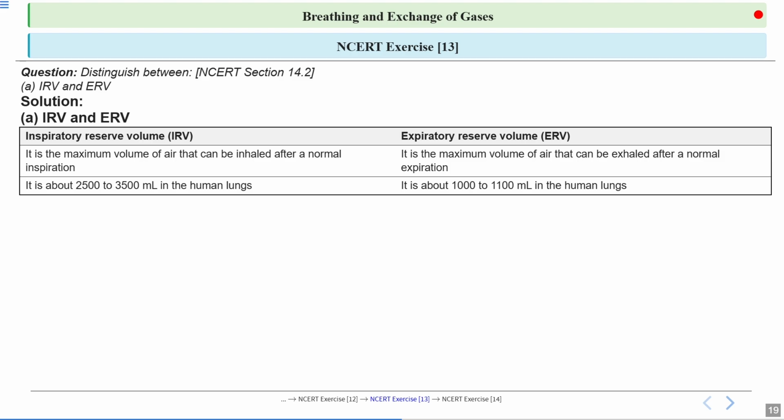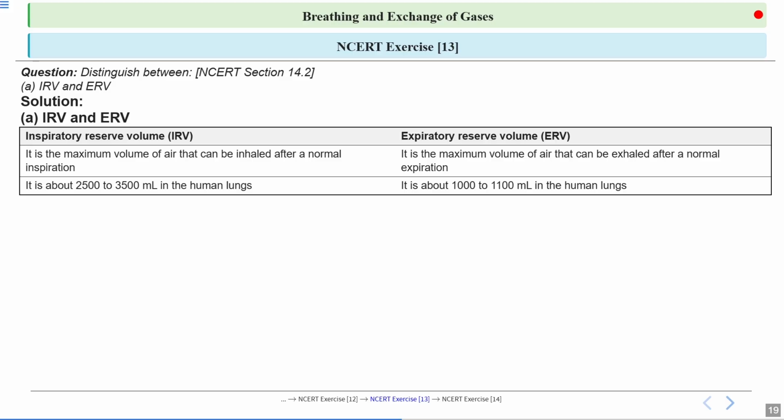When we inhale normally, that is the maximum volume of air that can reach our body, right? So a person can inspire by a forceful inspiration. This is around 2500 ml to 3000 ml, or 3500 ml in human lungs, right? That is the inspiratory reserve volume.